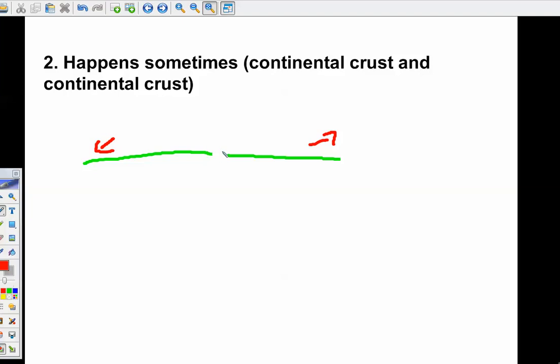So this hole right here is called a rift valley. And there is one of these on land in Iceland. There's a video that we will probably watch from our textbook that talks about this rift valley taking place in Iceland, where the two types of continental crust are moving away from each other.